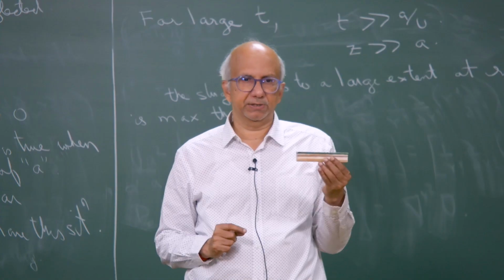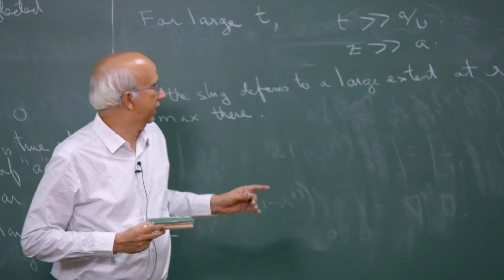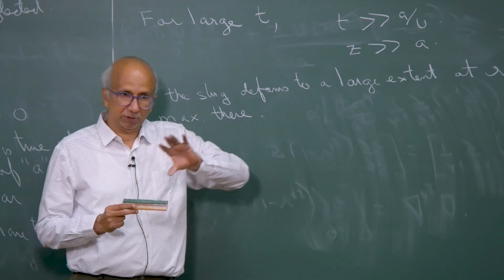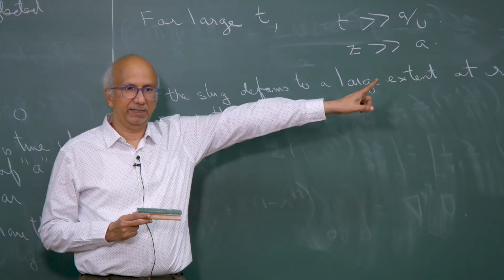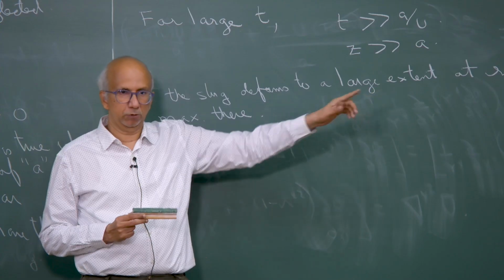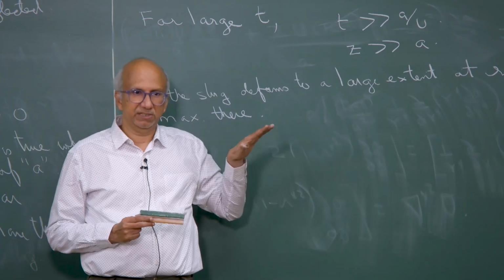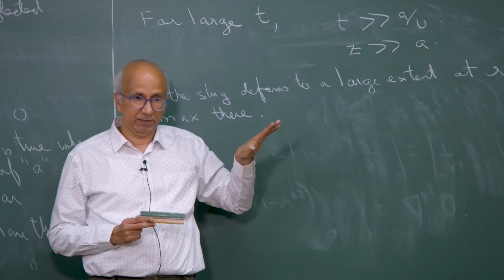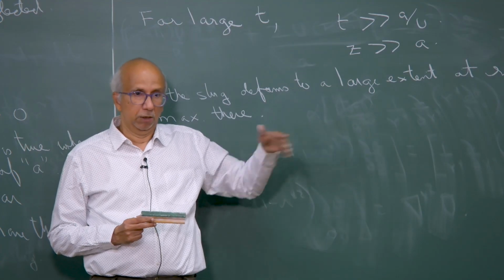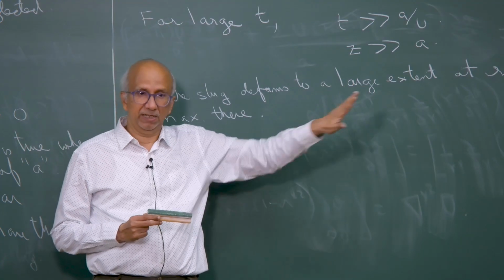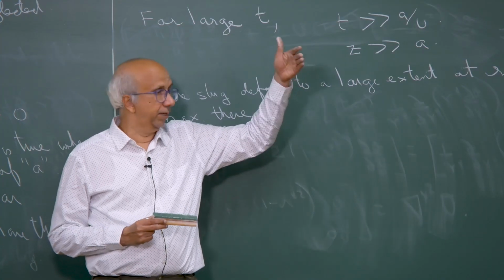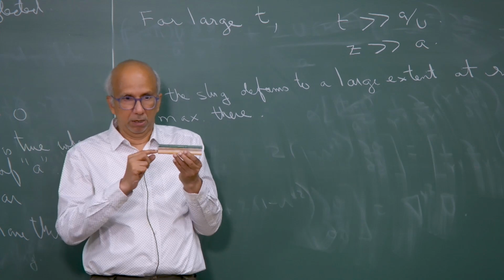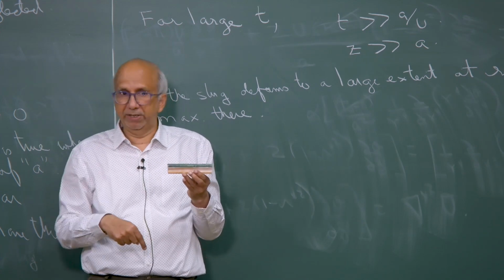When the slug has moved to the center, the Z characteristic becomes much higher than A. So the conductive resistance in the axial direction is high, and heat transfer by conduction in the axial direction is going to be very low, but in the radial direction the distance is small, so heat transfer by conduction will dominate.